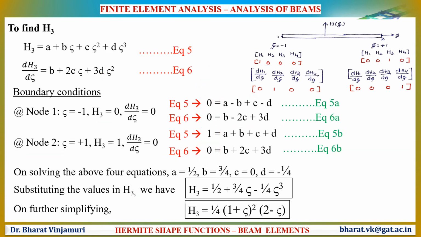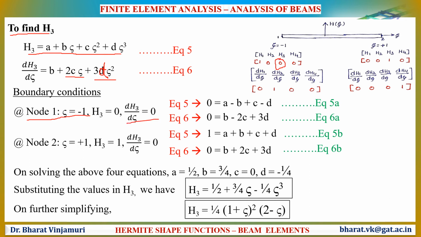Similarly, to find the equation for H3, H3 is equal to a plus b zeta plus c zeta square plus d zeta cube, and the first derivative being b plus 2c zeta plus 3d zeta square. Applying the boundary conditions at node 1, zeta is equal to minus 1 and H3 at node 1 is 0.